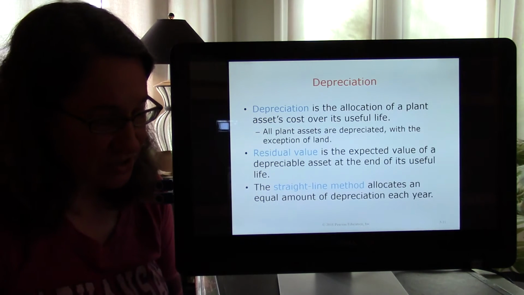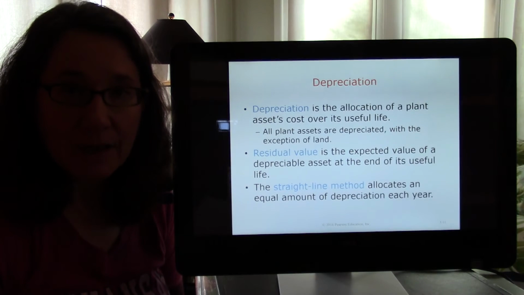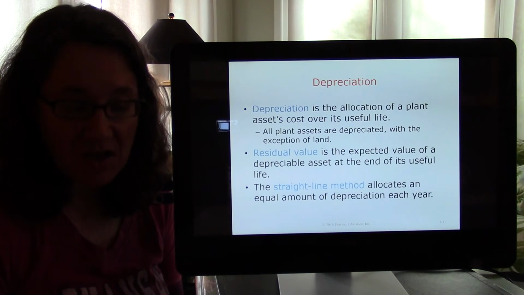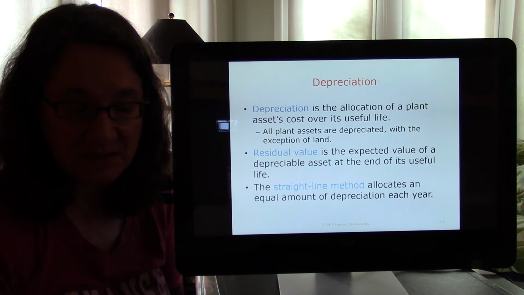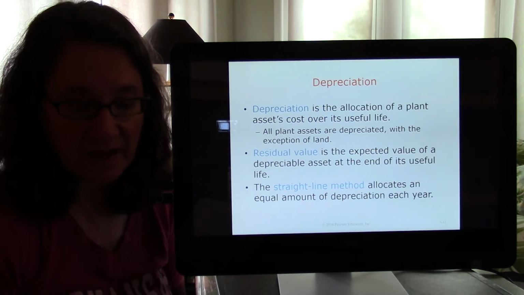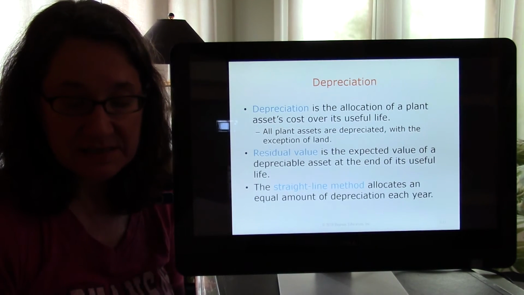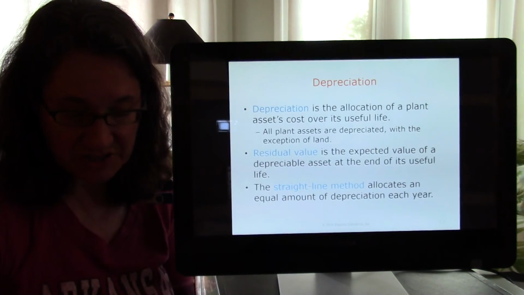Depreciation is usually defined as the periodic, systematic allocation of the cost of a long-lived tangible asset to expense over its useful life. When recording depreciation, a debit is made to an expense account called depreciation expense.